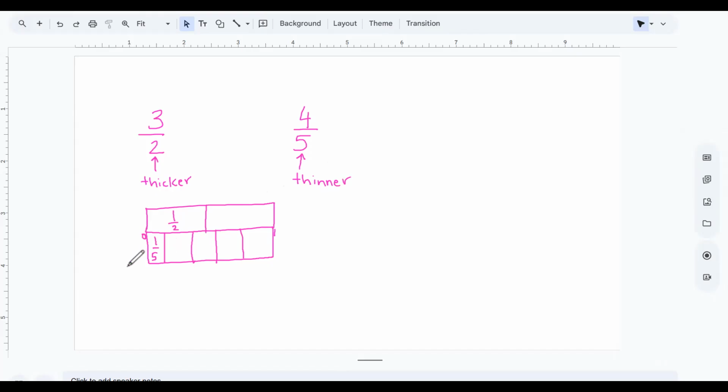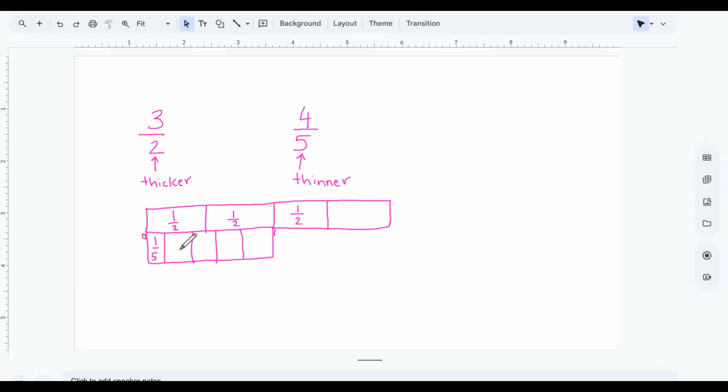And then here's the other part that we have to look at. 3/2 means 3 pieces of half. So a half plus a half makes a whole, okay? And that means 3/2 is more than a whole because we need a third piece to make 3/2.